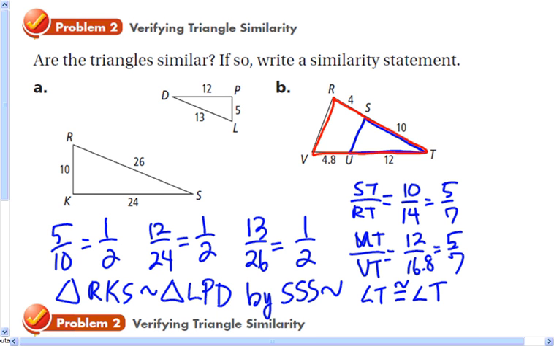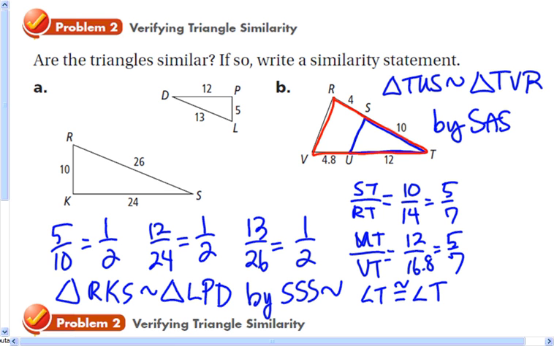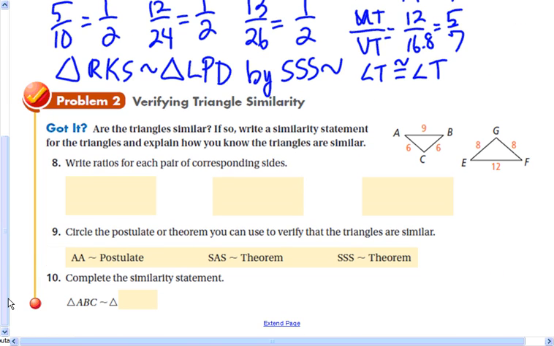So we're going to say that triangle TUS is similar to triangle TVR, and that's by side-angle-side similarity. All right, go ahead, you try it. I'll pause here. You can check back.